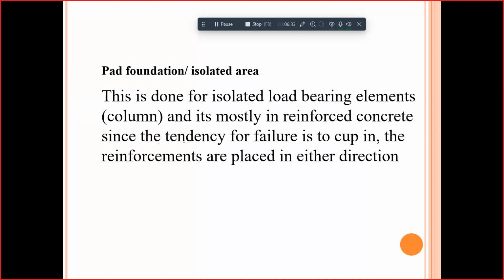Okay, when you see pad foundations, we are told this is done for isolated load bearing elements, columns, and it's mostly in reinforced concrete. Since the tendency for failure is to cave in, the reinforcements are placed in either direction. This is where you use reinforcement bars to avoid the shear or collapse of the foundation. We can move to the next one.